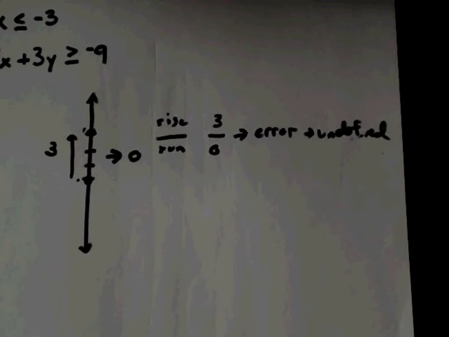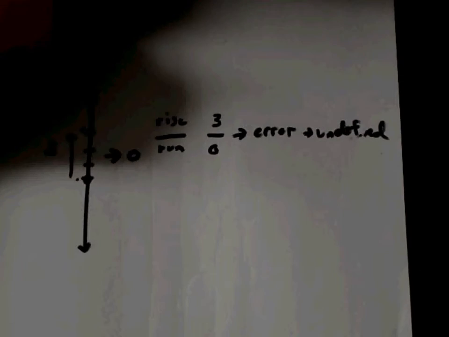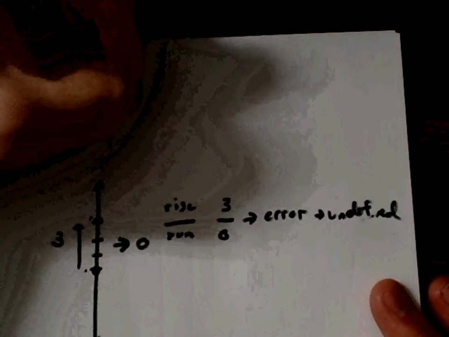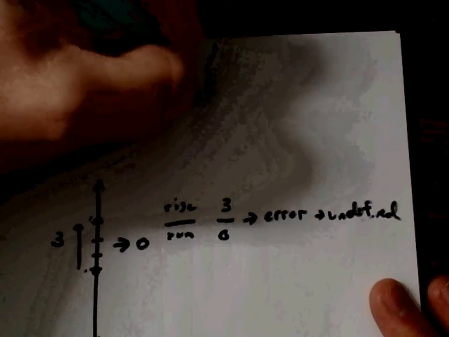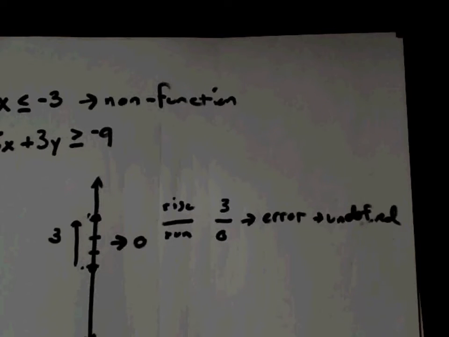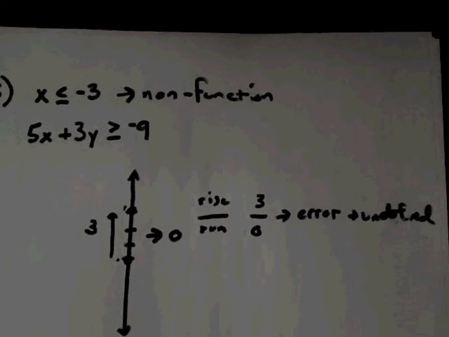So what happens if I input the same number that generates a different output? Something happens to my equation or inequality. It is referred to as a non-function.